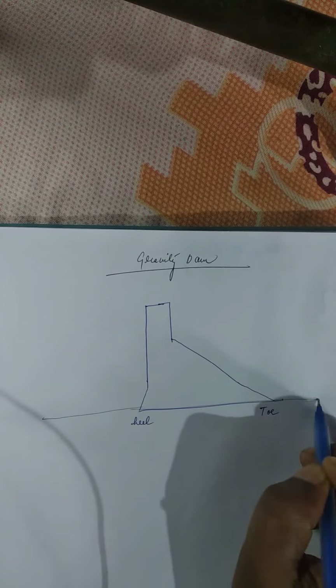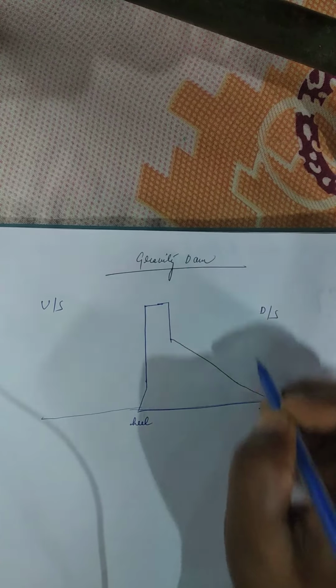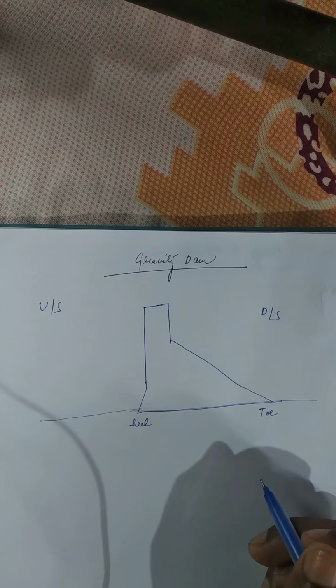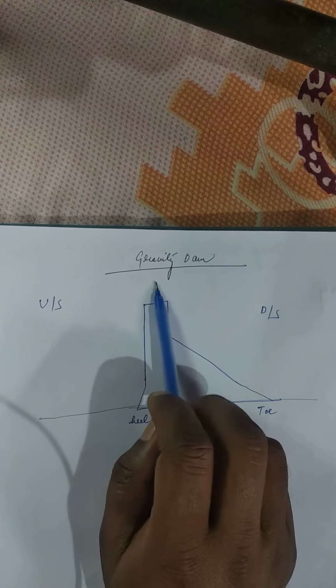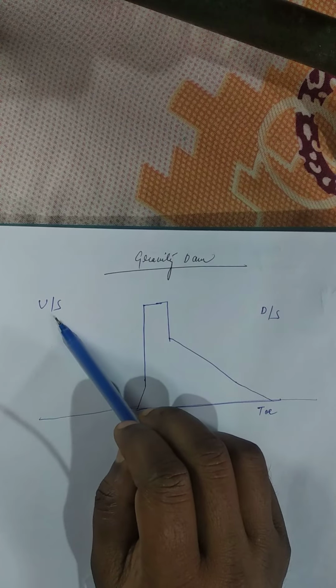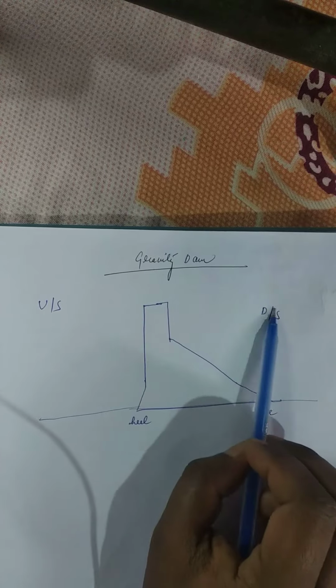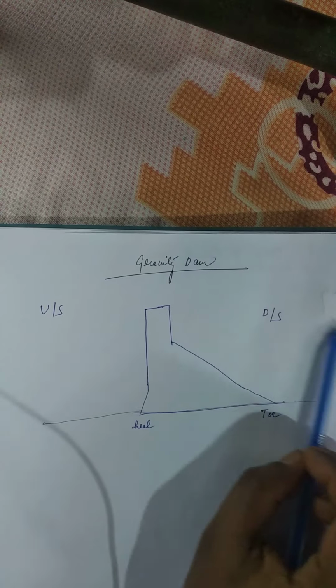This is the base of the dam, this is upstream, and this is downstream. If you stand over here and look upside, then that part is called the upstream, and if you stand over here and see the downside, then this part is called the downstream.